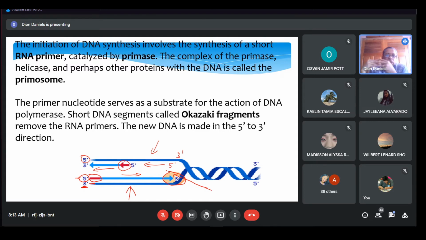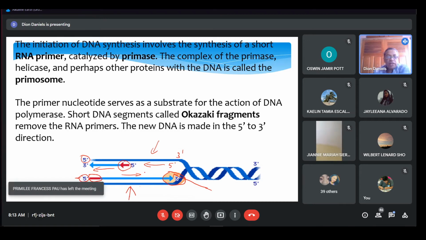So it aids in untwisting the molecule and allowing DNA replication to take place. Now, I want you to visualize this. You have a molecule that is untwisting as it moves along. This bottom strand, the complementary strand, is being built towards the replication fork. Remember, this is called a replication fork.